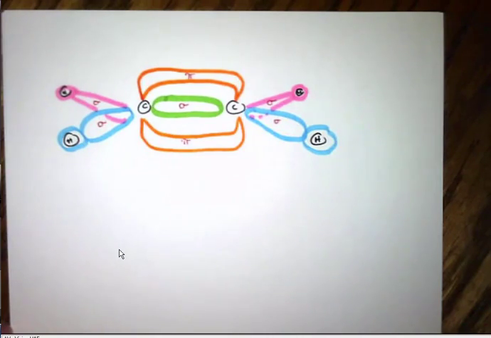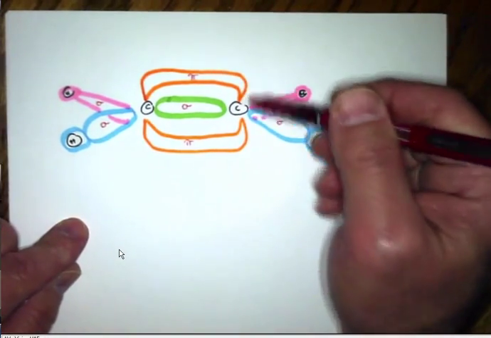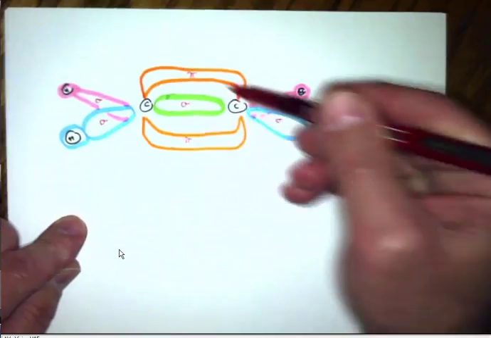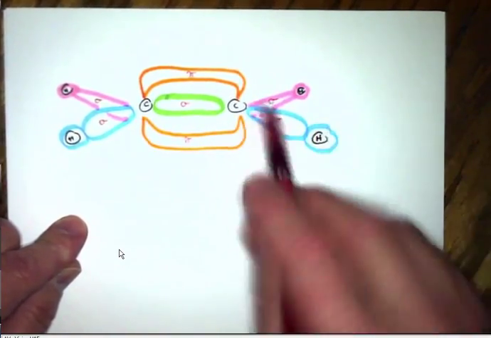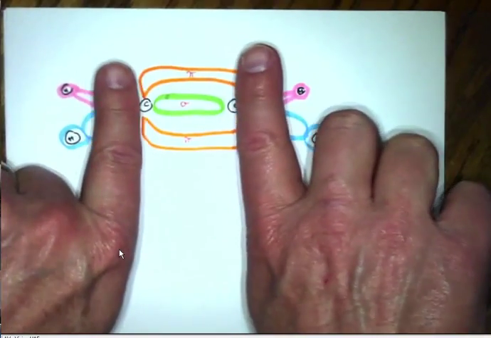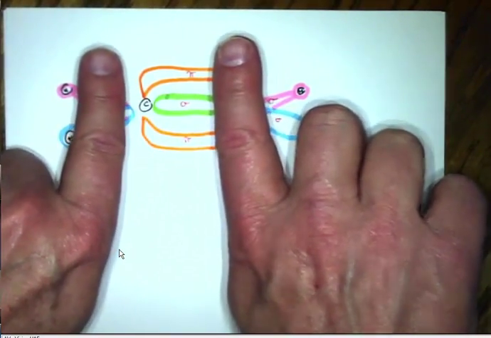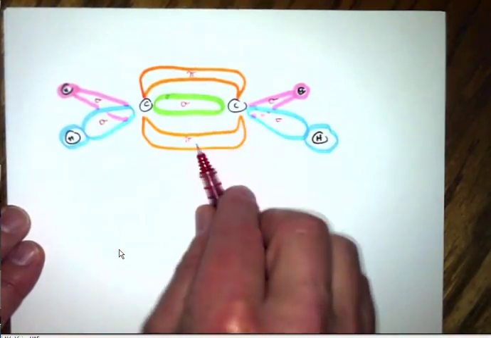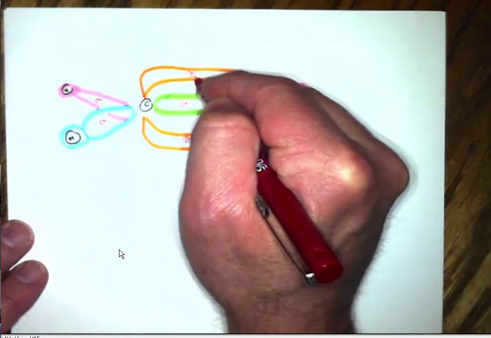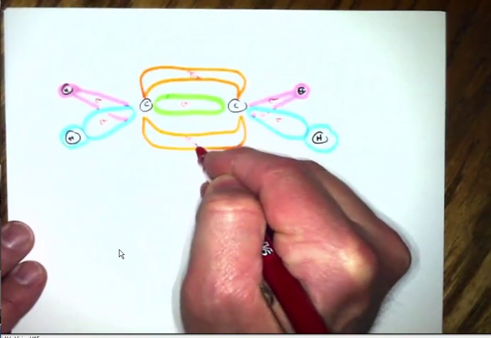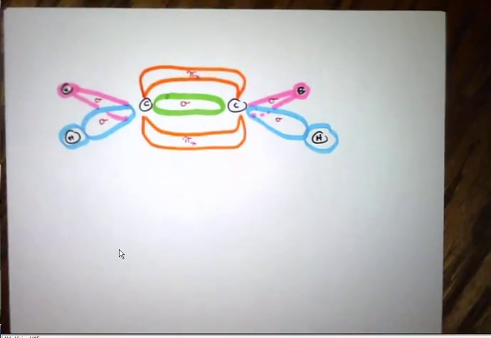But that way we can show that the P orbital from which this pi bond stems, and the P orbital from which this pi bond stems, are both on the same axis, either X, Y, or Z. We need to designate this pi bond as either X, Y, or Z. Which one do you want to call it? X. X it is. We'll call this X. Okay? So we'll call this pi X. Alright, any questions about that?